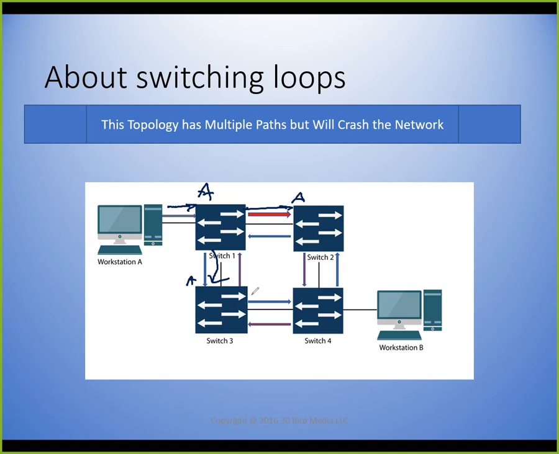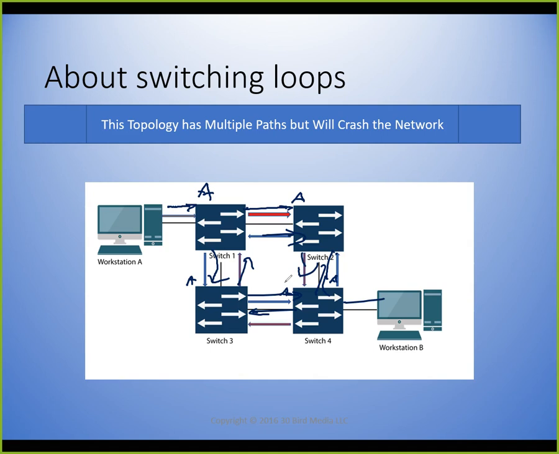This guy doesn't know where B is, so he floods it out. We got A here. He doesn't know where it is, so he floods it out. And we've got A here. So now we get to switch 4. Switch 4 doesn't know where it is, so he floods it in all directions. What's happening is the MAC address table is going to have a lot of flip-flopping going on, and these frames just keep going around and around and around in the switch, and you saw that.